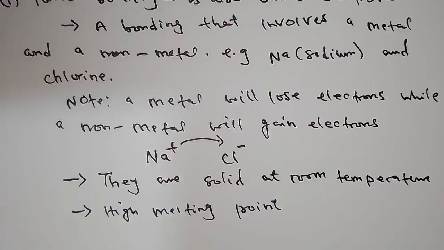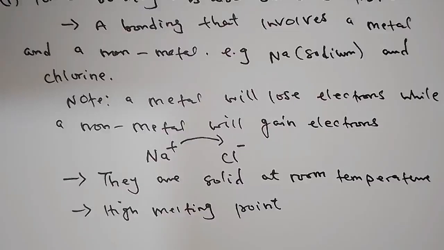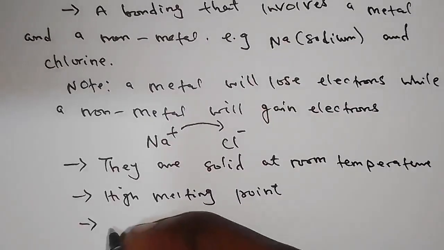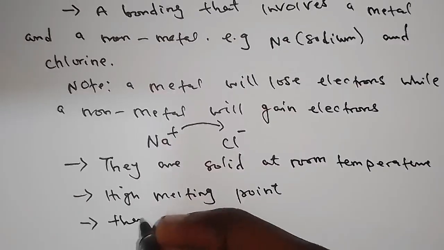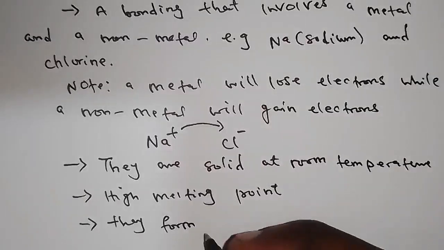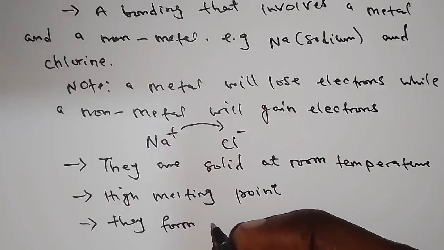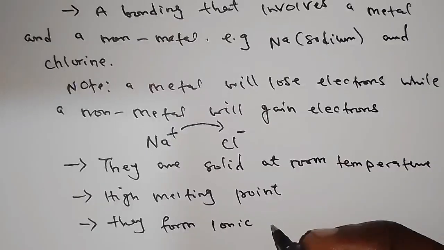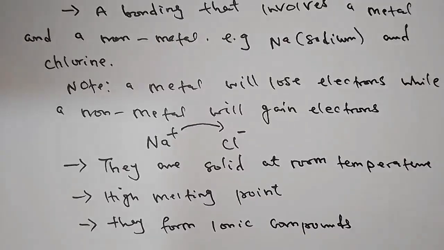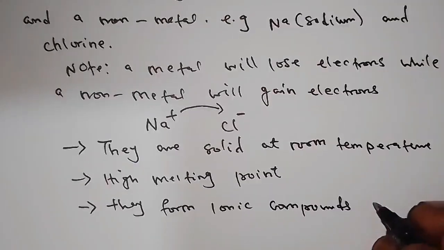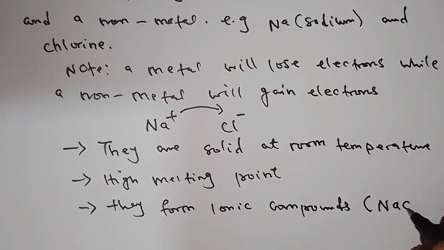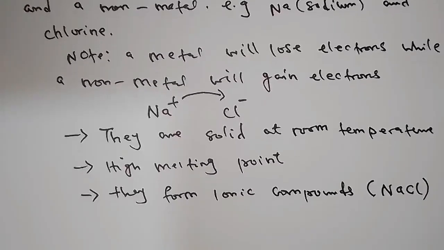Okay, they have a high melting point, and they also form ionic compounds. By this we mean, for instance, in the case of the above example, going to form sodium chloride.